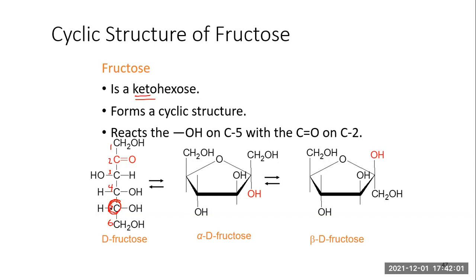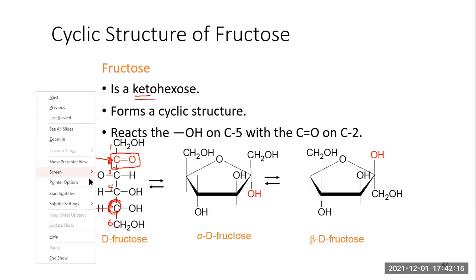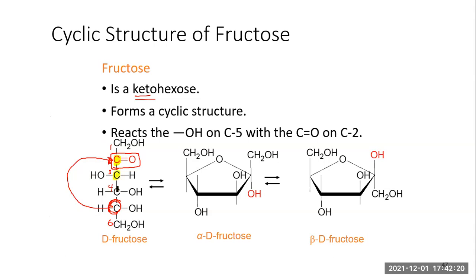Remember, it's not always going to go to carbon number 1. What it is really looking for is the carbonyl carbon. So it's going to go find that carbon there to close up the ring. And because it does that, as we can see in the picture, we only end up with 1, 2, 3, 4 carbons as part of the ring. Hence, we get a 4-member ring here.